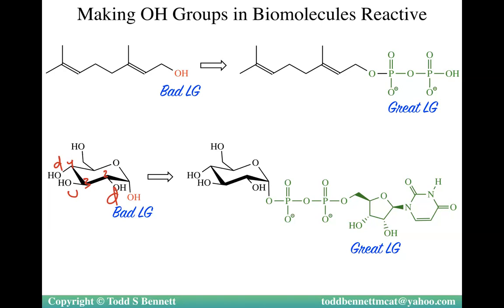It's interesting that a lot of the things we do in OChem as part of our overall synthetic strategy of building molecules, bio has already done for us, perhaps in a slightly different way, but they've done the same thing: make O a better leaving group. They've added a little stipulation that you can also do it with a pyrophosphate to make it energizable. I'm not sure if that's a word, but it should be. Same thing here, bad leaving group turned into a pyrophosphate, which means a good bulky leaving group that is energizable.